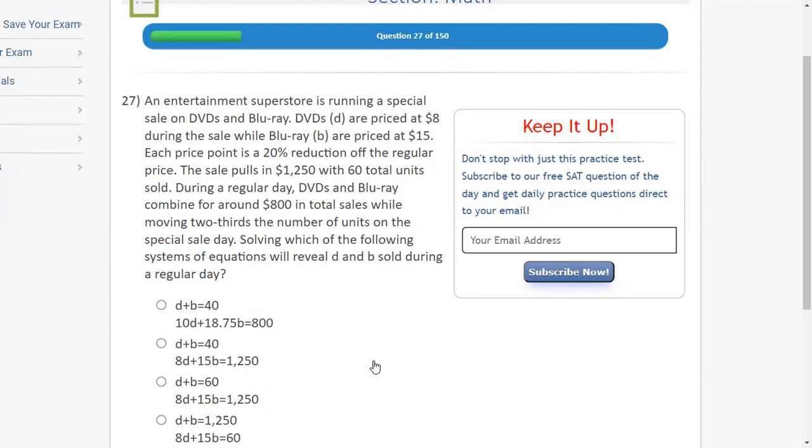Each price point is a 20% reduction off the regular price. The sale pulls in $1,250 with 60 total units sold. During a regular day, DVDs and Blu-ray combined for around $800 in total sales, while moving two-thirds the number of units in the special sale day. Which of these systems of equations will reveal D and B sold during a regular day?